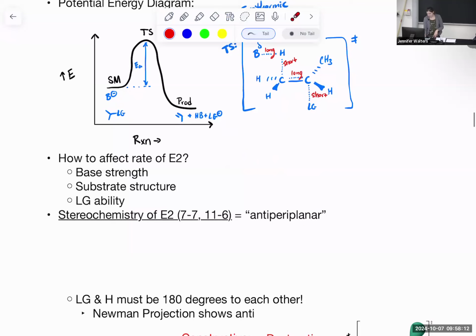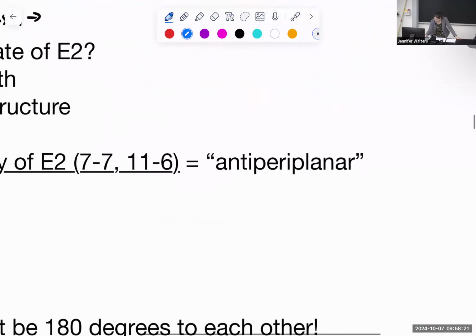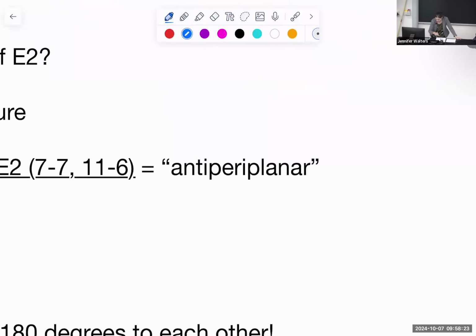That is the consideration of being anti-periplanar. So anti-periplanar is saying that you are going to be opposite on the same plane. So the same plane, but opposite side. So anti being opposite. I don't actually know what the prefix peri means, but planar meaning like plane.